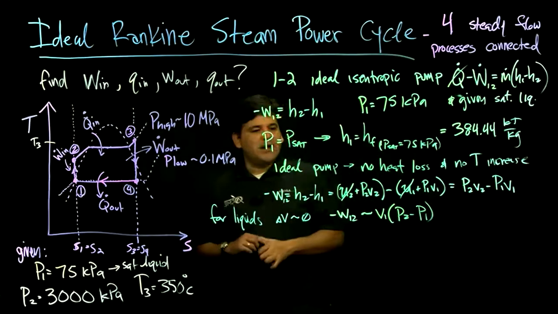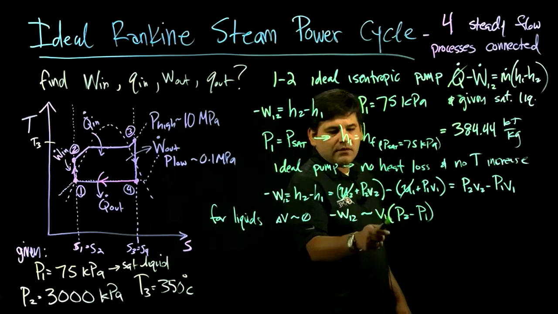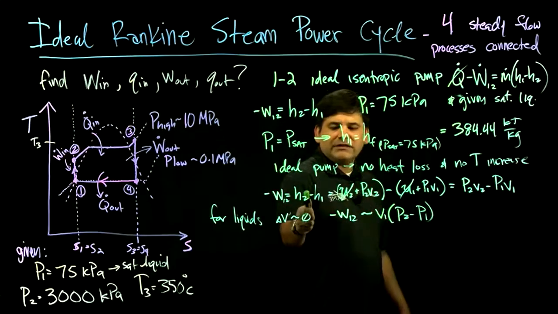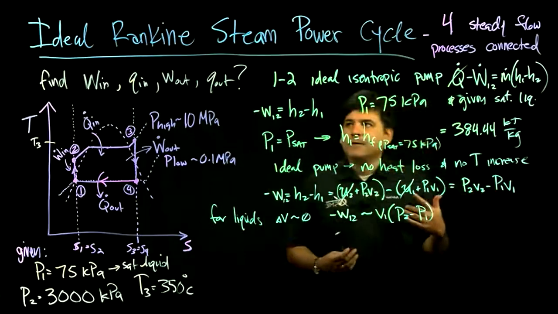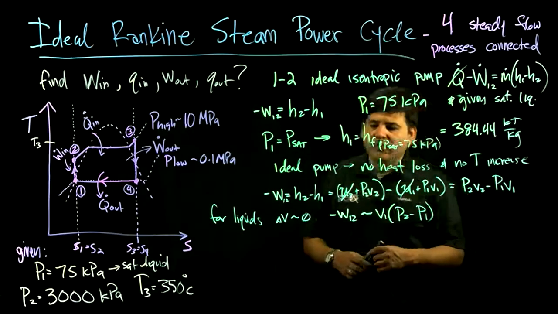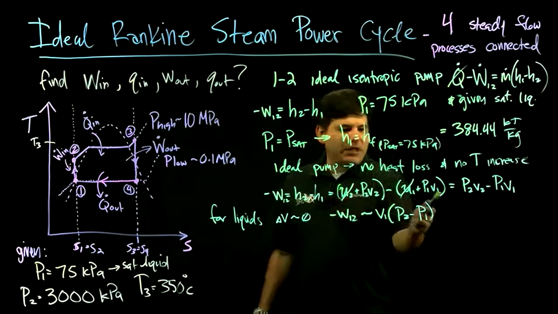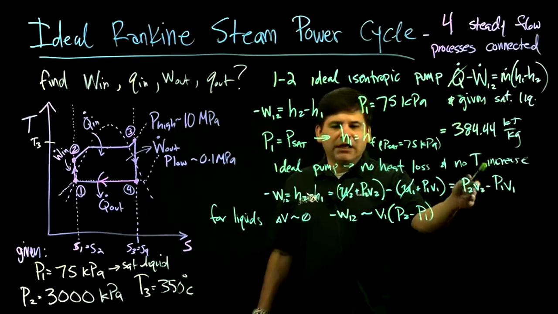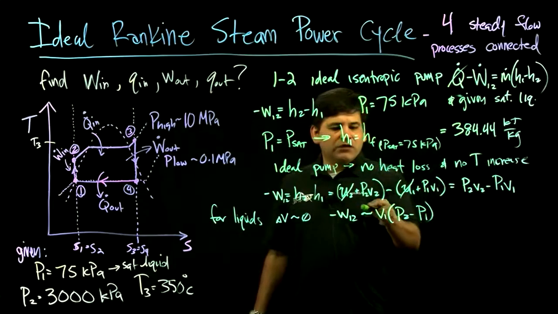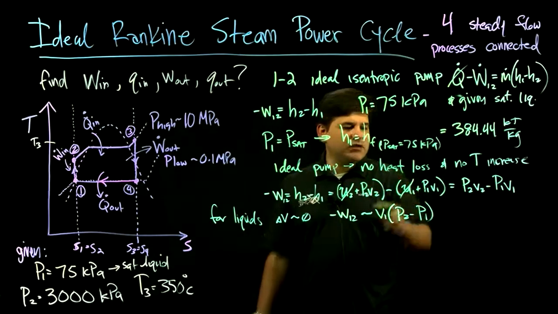From there, we can get mechanical work because we're relating it to enthalpy change, or we know it's the integral of P dV, but that's going to give you a small pressure change. From the enthalpy, we can say that because the temperature doesn't change in an ideal pump, there's no internal energy contribution, but there are PV contributions.